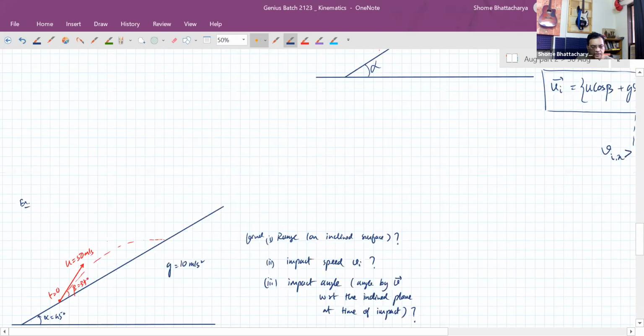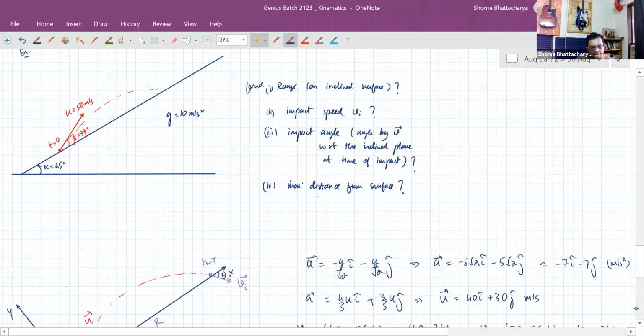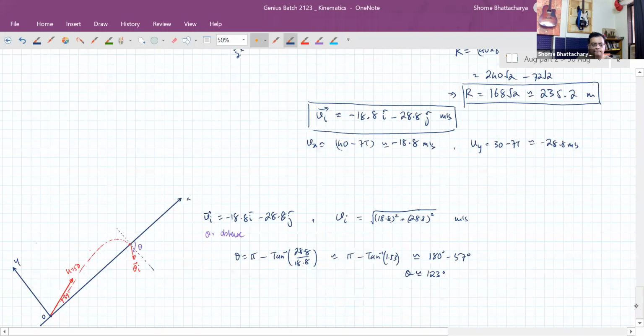We needed to calculate the impact angle, which we've done, and the impact speed, which we've done. Okay, so we covered all the things. So this is a standard way of solving this problem. Now there's no hard and fast rule that you have to solve it this way.